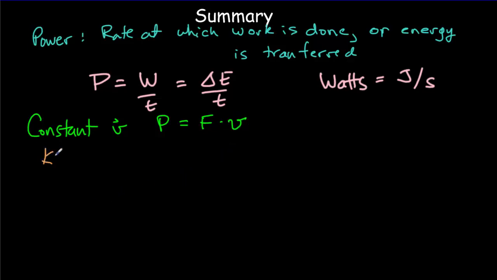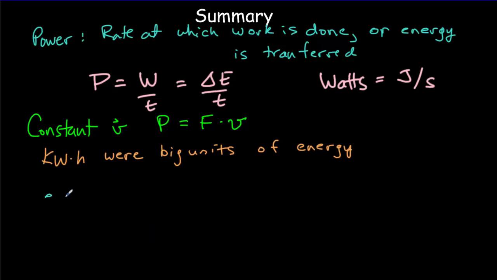We saw that kilowatt-hours were big units of energy. So the hydro to your house is generally measured in kilowatt-hours. And 1 kilowatt-hour would be approximately the amount of energy needed to run a toaster for an hour.